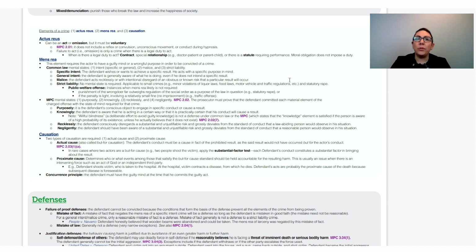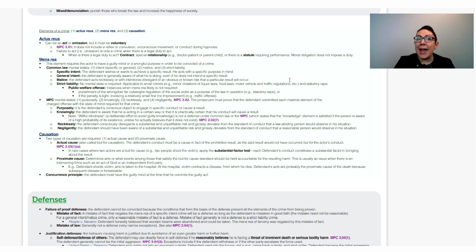So you'll have the crime, and one of the elements of the crime will be one of these different categories of mental states. So it's not a pick-your-favorite here where you decide what mental state to apply. For instance, if the crime is first-degree murder, that requires specific intent. Specific intent is an element of first-degree murder. If the crime is battery, that's a general intent crime.